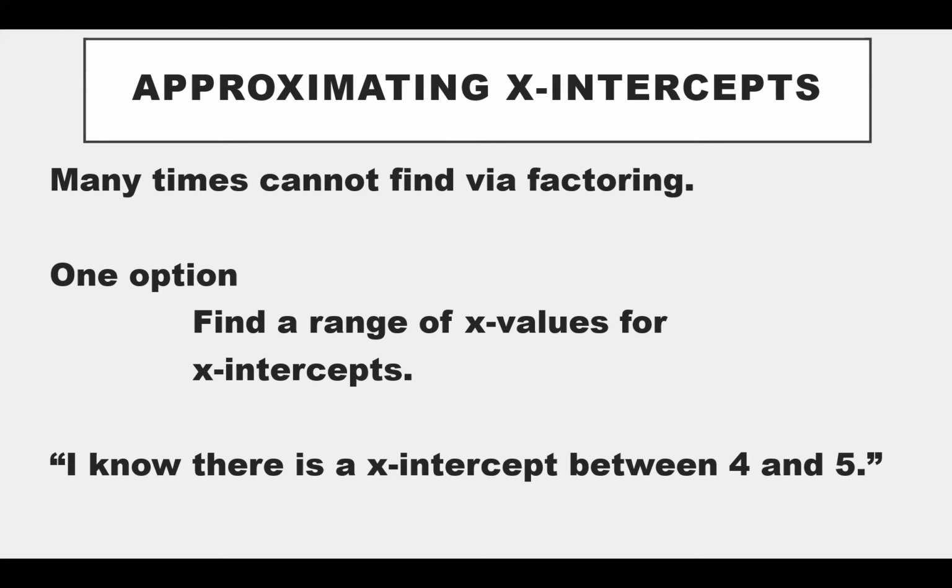So we're going to say something like, I know there's an x-intercept somewhere between 4 and 5, but I don't know what exact value it's at. Or I know there is an x-intercept between 4.2 and 4.3, but I'm not exactly sure where that number is. So we can approximate x-intercepts if we can't factor.